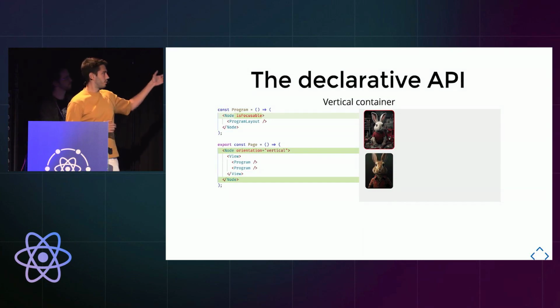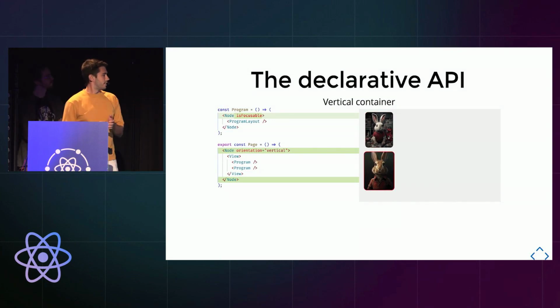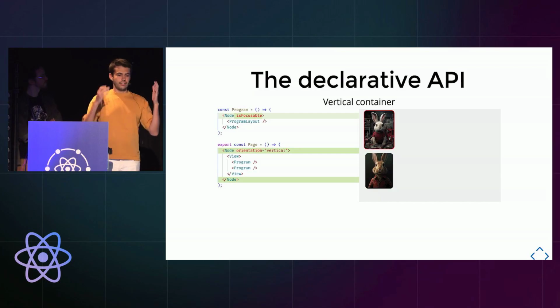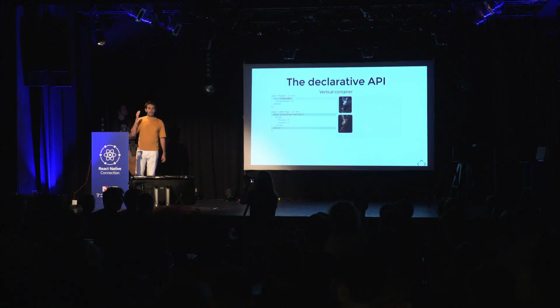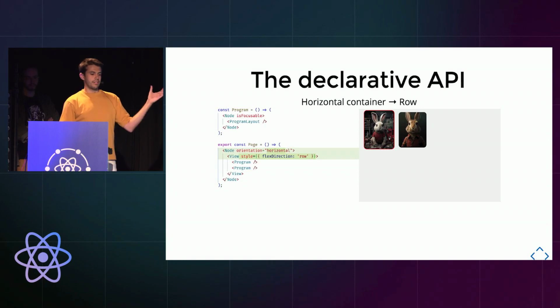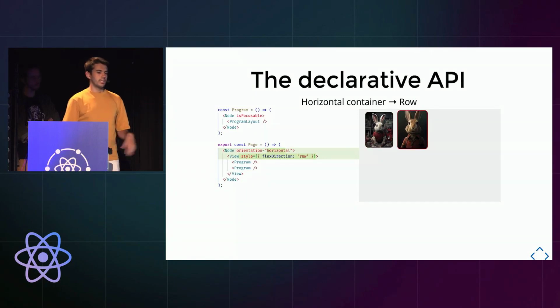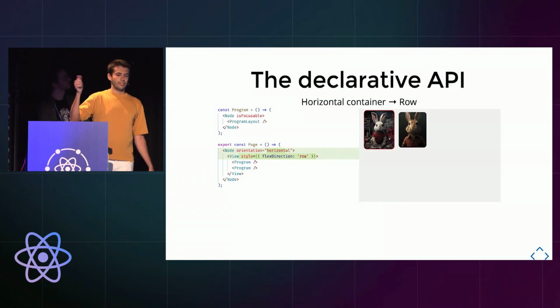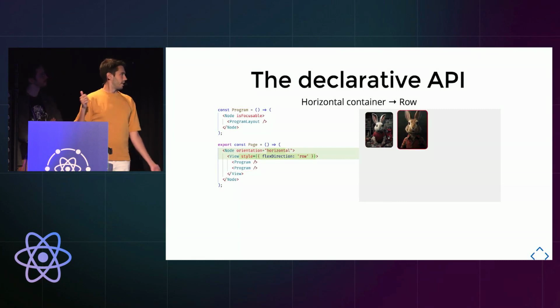So this container node, the new one, is not focusable, and it means that those 2 programs are in a vertical container, so they're on top of each other, so now you can reach them by pressing up and down. And of course, you can make horizontal rows too. So now we can go back and forth by pressing left or right.